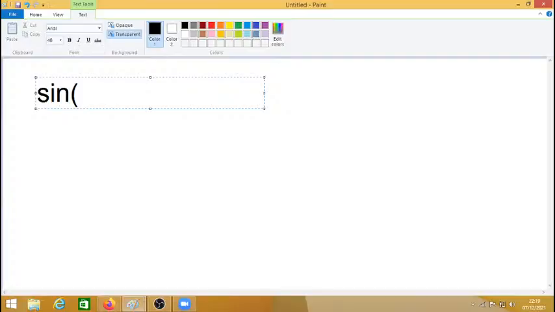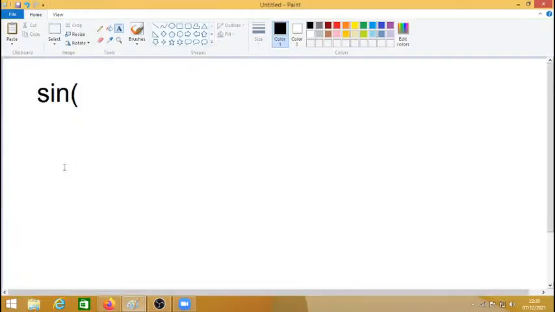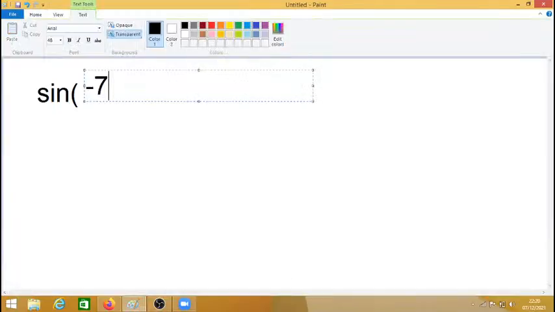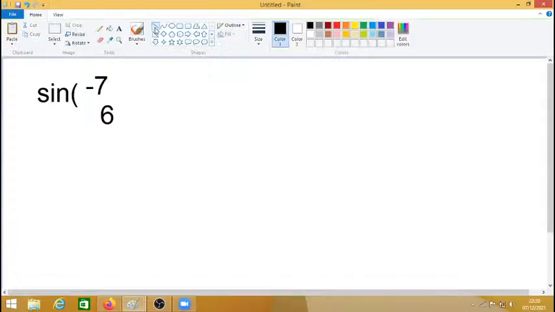So the question is, work out the sine of minus 7 pi over 6. Today's method is going to be using the sine graph, and we're going to be looking for symmetry.